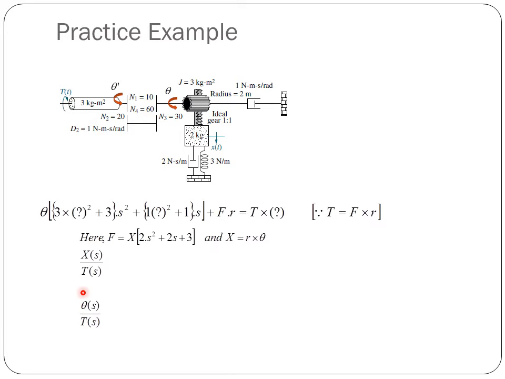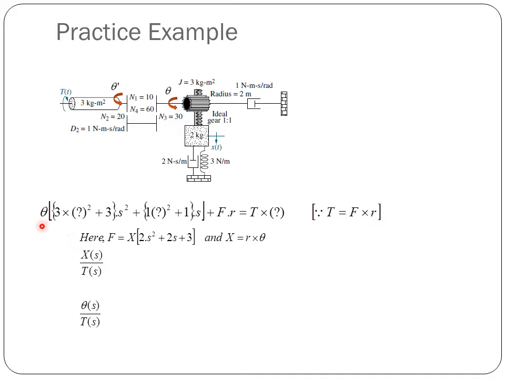So for example, if we want to find the transfer function X by T, then this equation should be converted into X by replacing this theta by X, okay. We have to replace the theta with X, so use this relation to replace this theta with X, and we already have X inside this F, right?